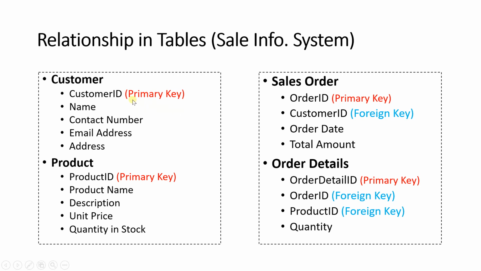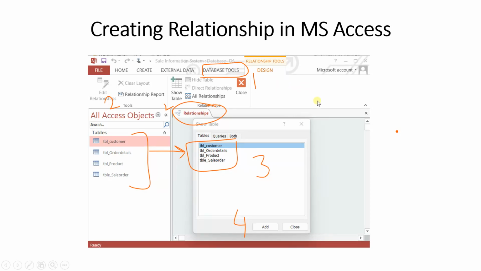So before creating the tables, you must have identified all the primary keys and foreign keys correctly so as to link them together. Now to implement this kind of relationship in any database management system, DBMS, we take the example of MS Access, and in MS Access you would have already created this database in our last lecture.